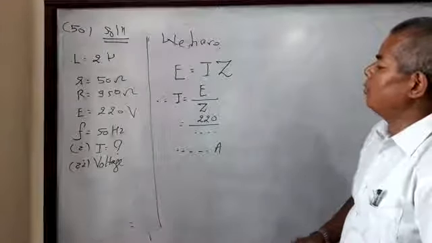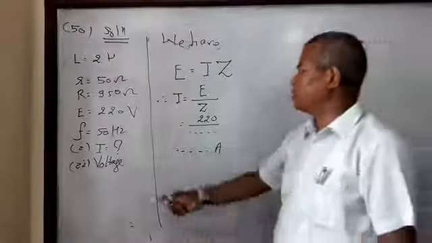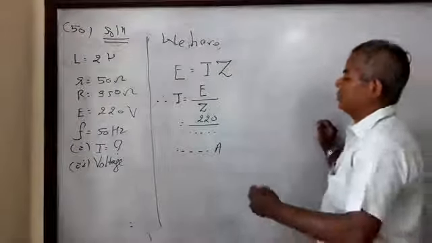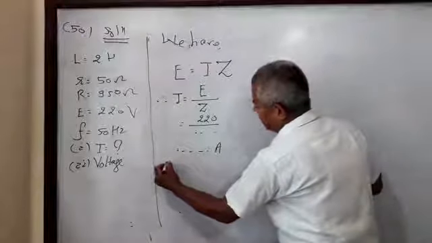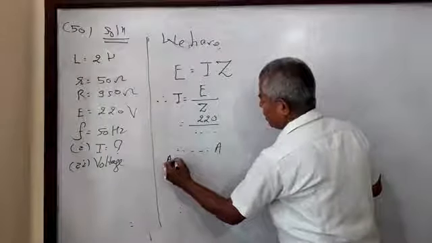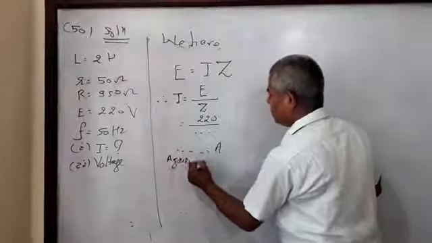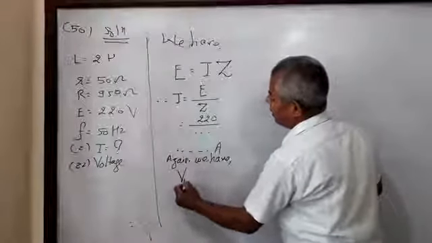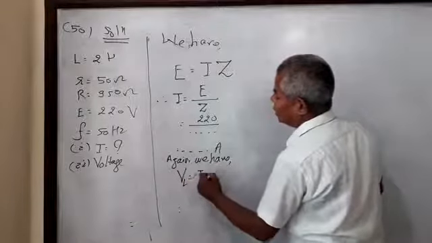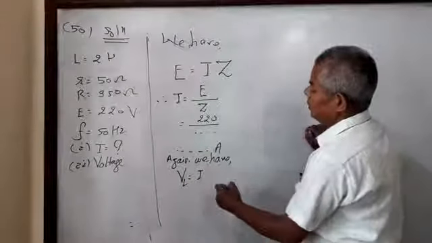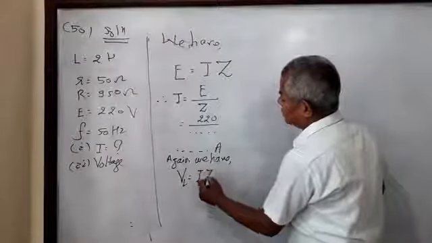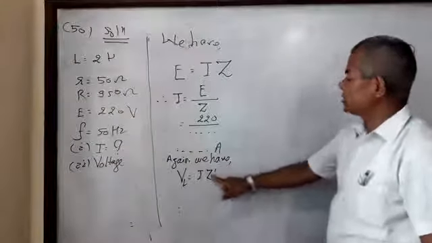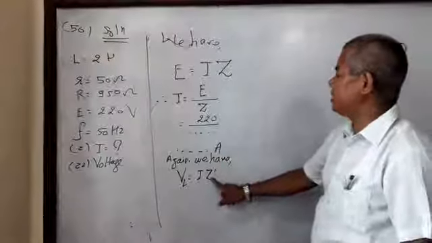Now the second part: the voltage developed across the inductor only, not across R. VL is equal to I into the new impedance of the inductor, Z dash, not only XL but Z dash. What is Z dash?